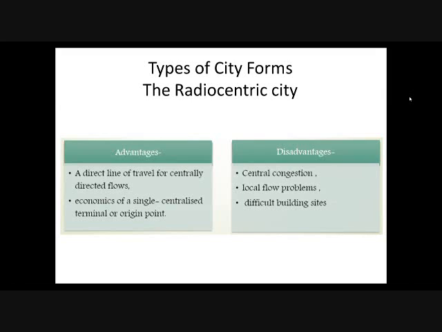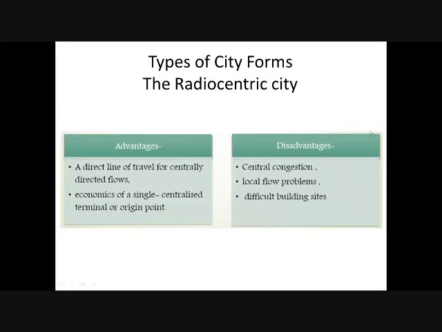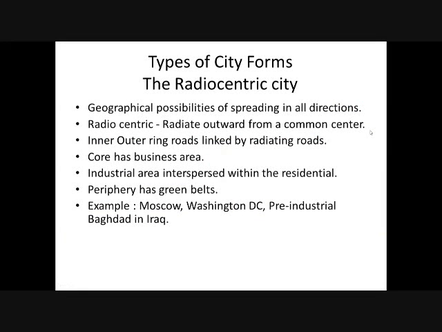So the first type that we saw was the radiocentric city. The radiocentric city is the city that radiates from a center outwards.